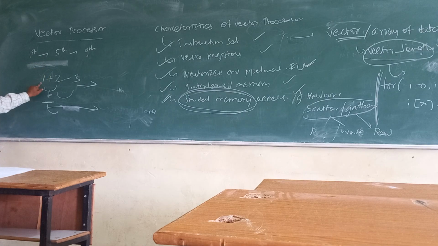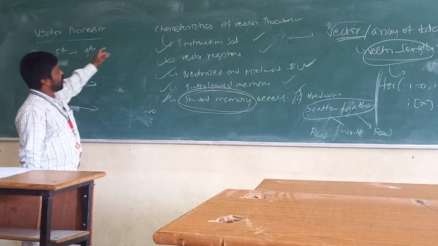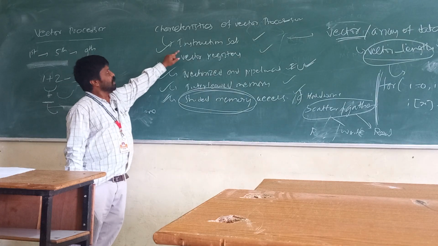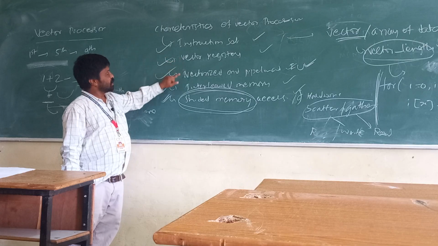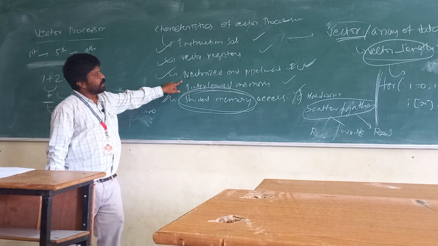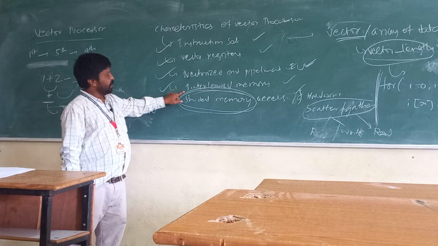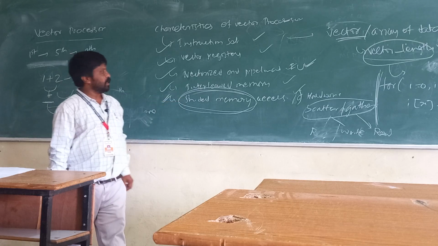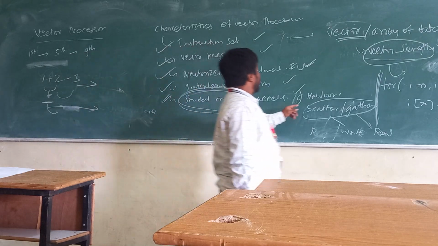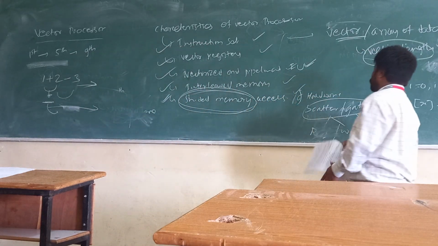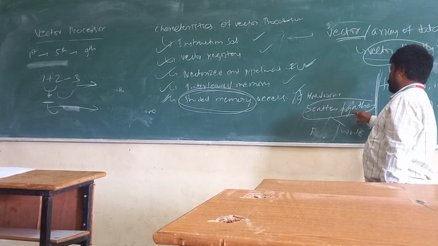It was invented by the Thinking Machine Company. Later the vector processor can have some characteristics like instruction set, vector registers, vectorized and pipelined functional unit, and interleaved memory and strided memory access, and one more concept, hardware scatter and gather.